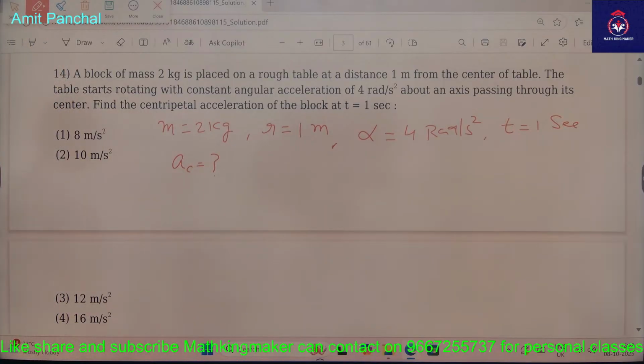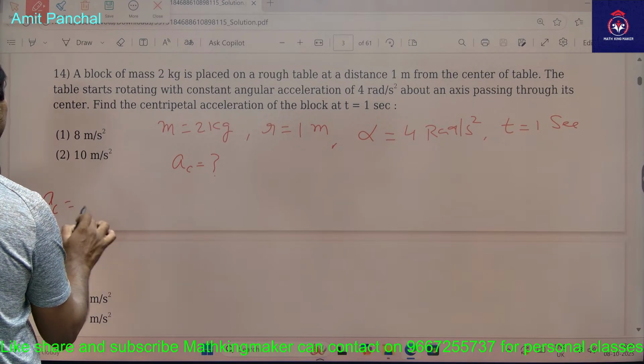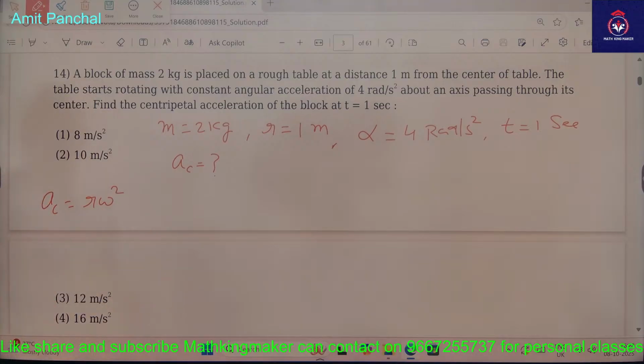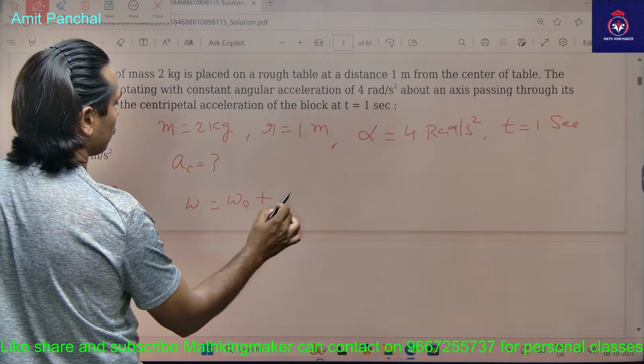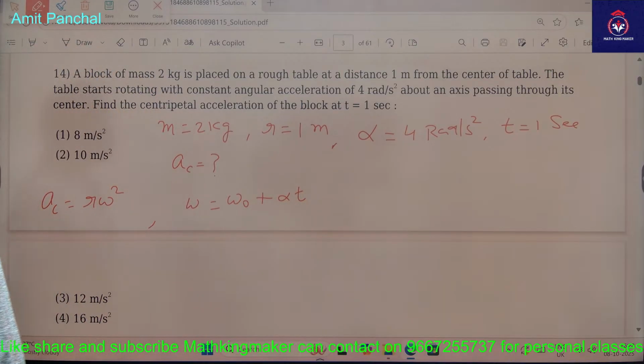I put the values in the formula m r omega square, but then the correct answer is not coming. AC is r omega square, but you don't know omega. Omega will be omega 0 plus alpha t. We didn't write this formula, sir. These are angular equations.